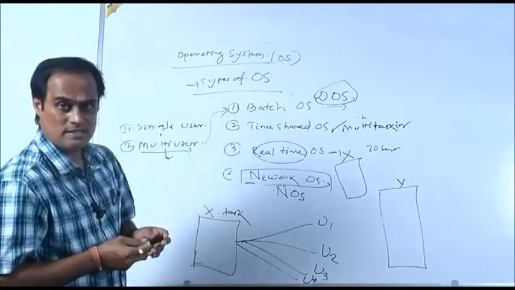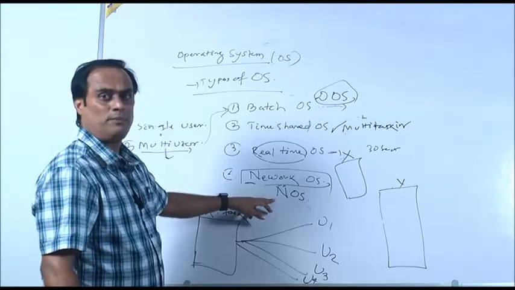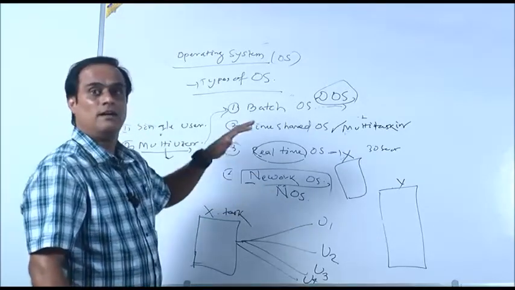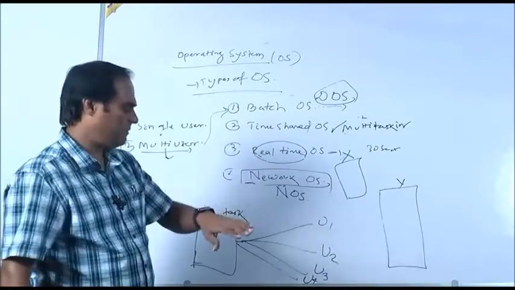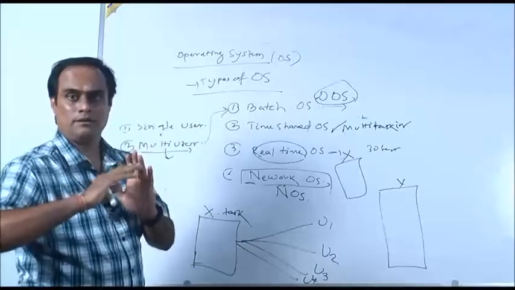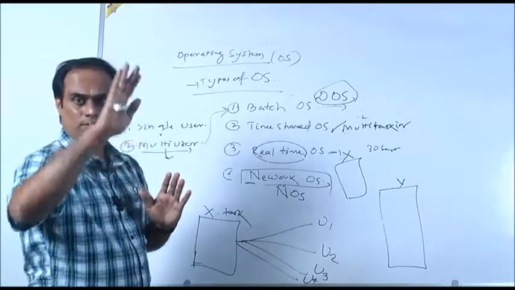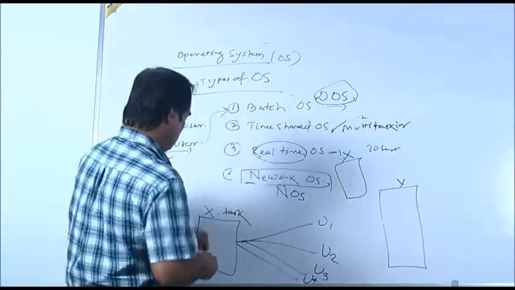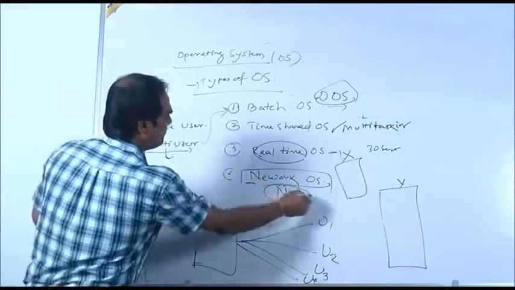It is responsible for running tasks in the multi user environment, so that multiple users can perform multiple actions with the help of multiple computers. Okay, clear? So, this is the network operating system.